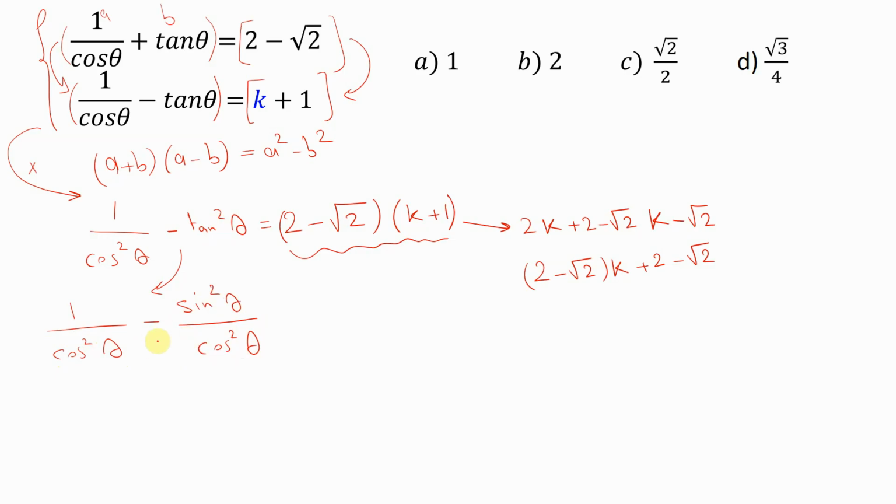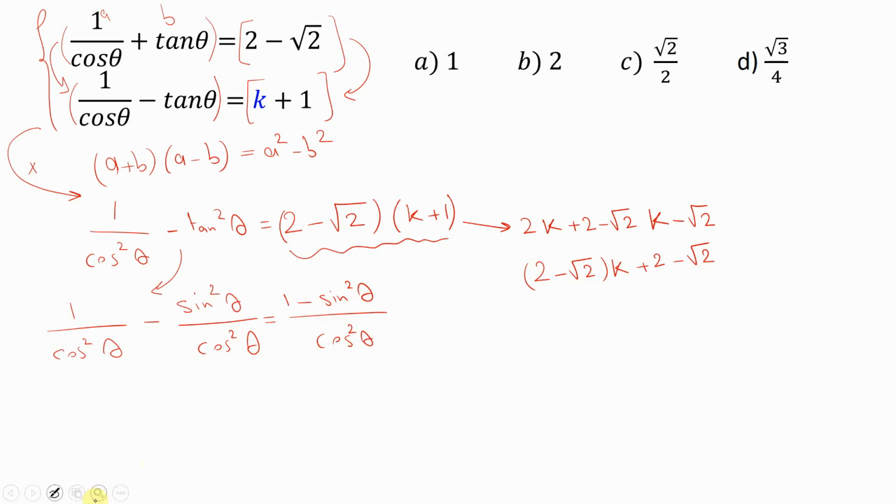Now I'm going to use the common denominator to simplify this. The common denominator is cosine squared of theta, and the numerator is 1 minus sine squared of theta.